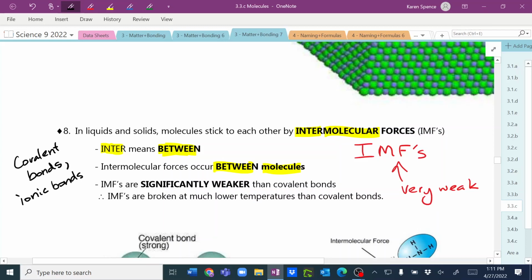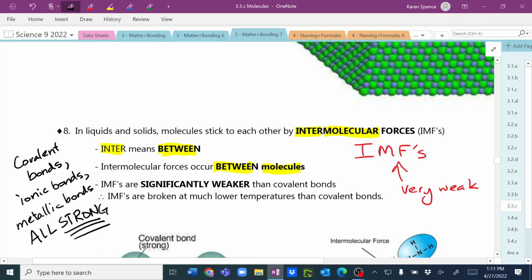Covalent bonds, ionic bonds, and even metallic bonds are all strong. Whereas the IMFs are very weak.